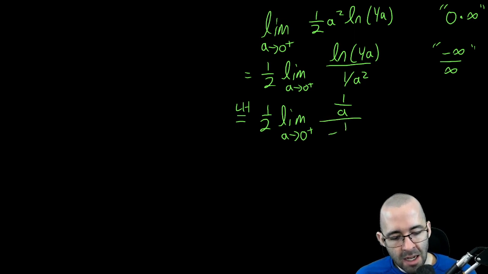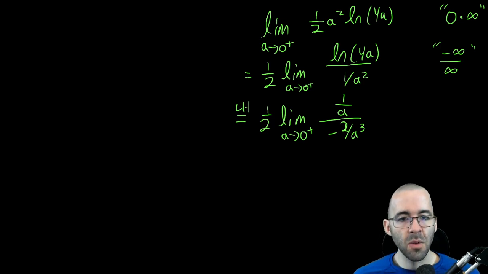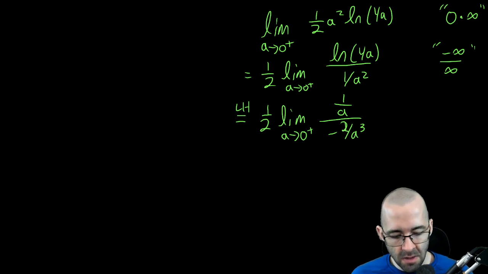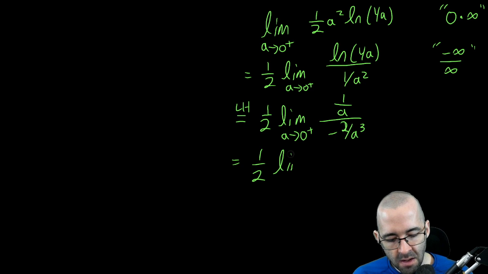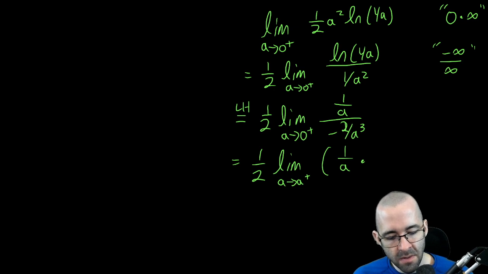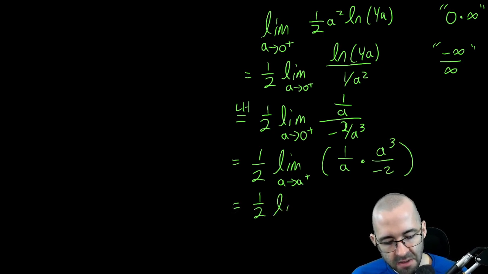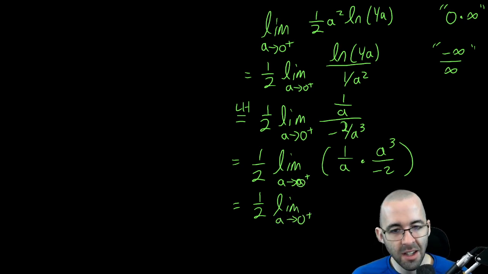And the bottom will be negative 2 over a cubed from the power rule. And then we can just simplify. This is 1 over a times the reciprocal. The reciprocal is a cubed over negative 2. Well, that's 1/2 times the limit as a goes to 0 from the right.